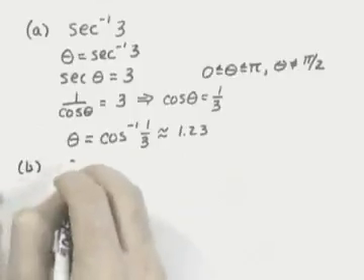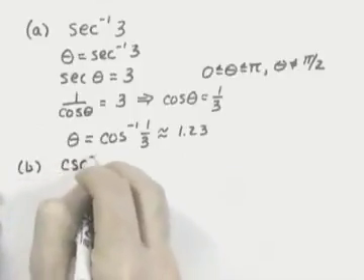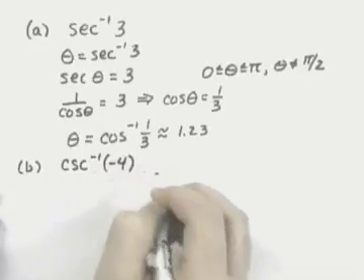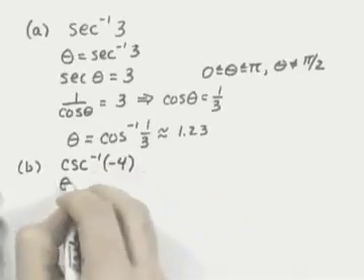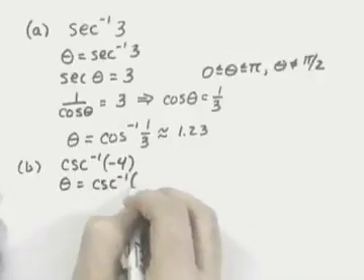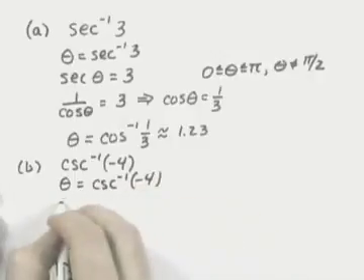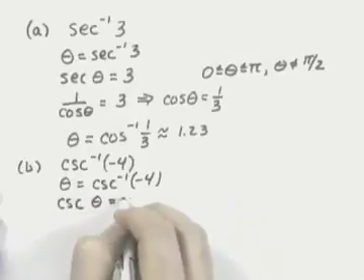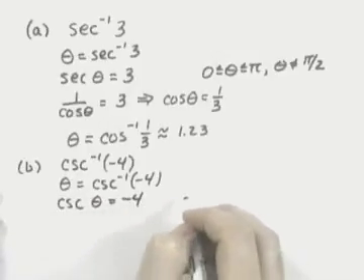Let's do another example. We're going to compute the inverse cosecant of -4. So theta equals the inverse cosecant of -4, which means the cosecant of some angle theta equals -4.